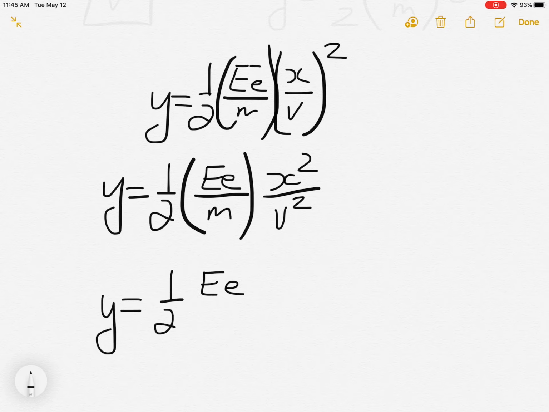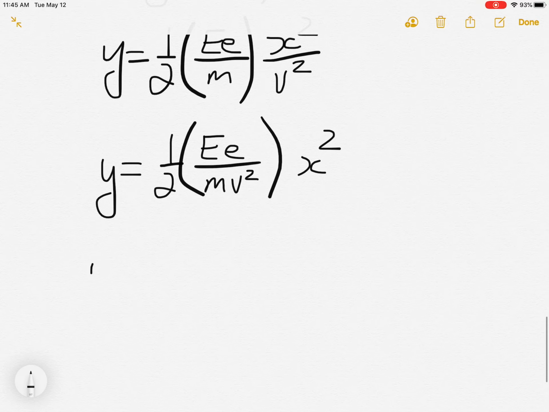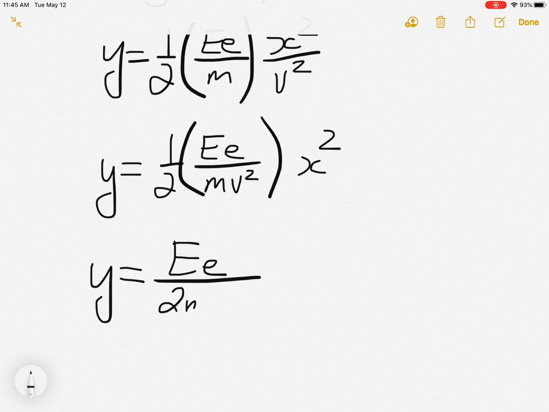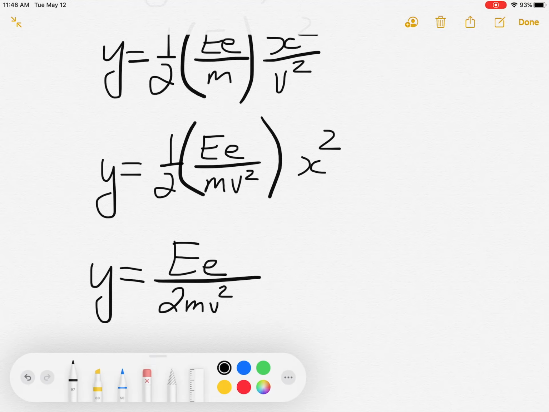And so to show that this is a function of x and y, we just gloop together the things as a constant in front of the x. And we get this. And if we multiply that v squared onto the bottom, we get this term, and then we get x squared sort of by itself. And that's the form that the answer is in.